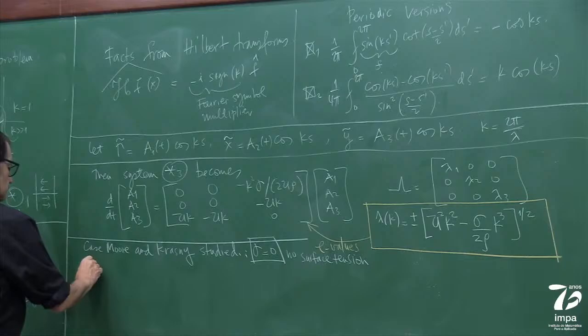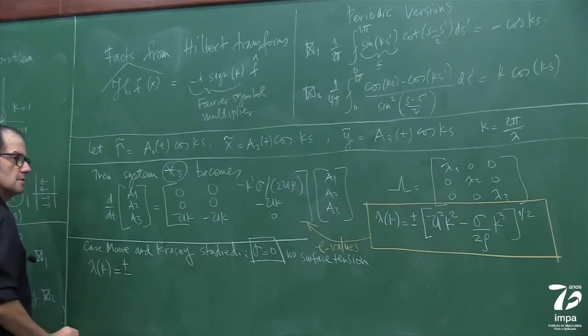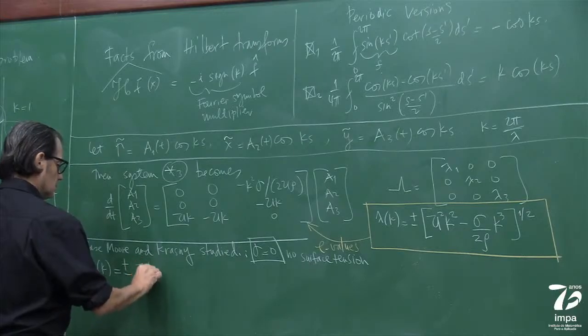With no surface tension, lambda k is going to be plus or minus UK.